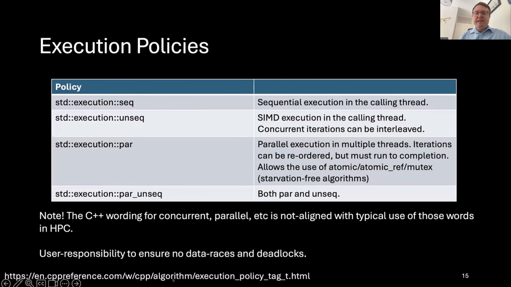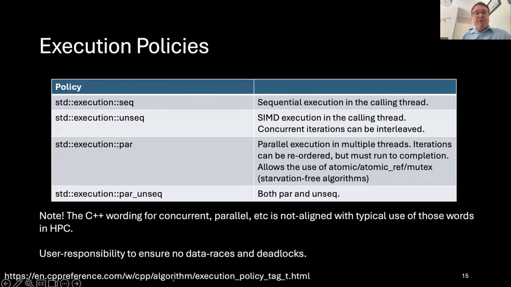But that means there are no guarantees that if one of those threads holds a mutex or a lock, it will ever be scheduled again to release that lock, so you can deadlock your program. The forward progress guarantees of par_unseq mean that we can't write those algorithms with atomics and locks. So you need the stronger guarantees of par.